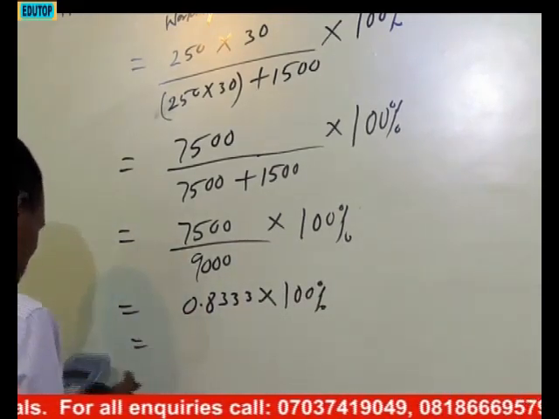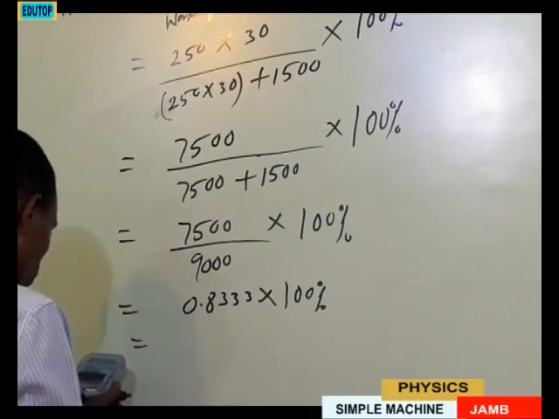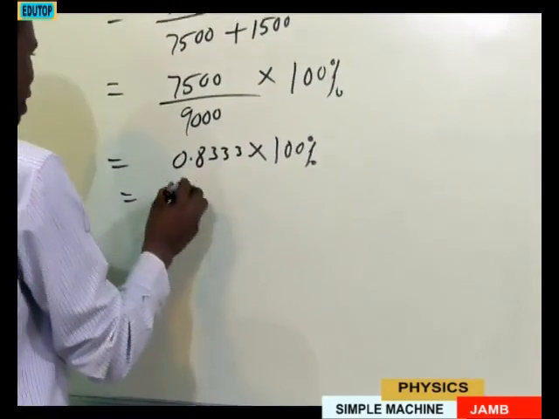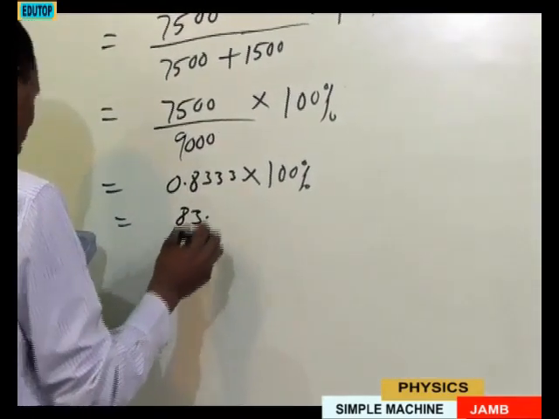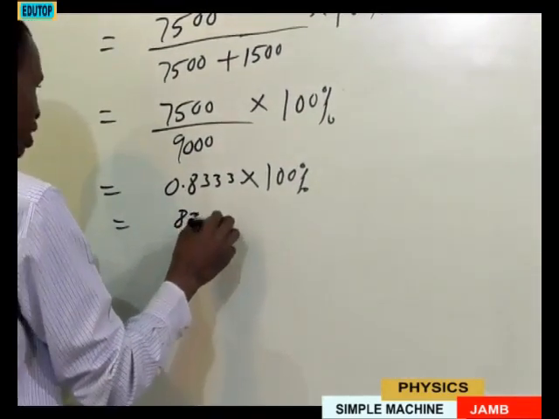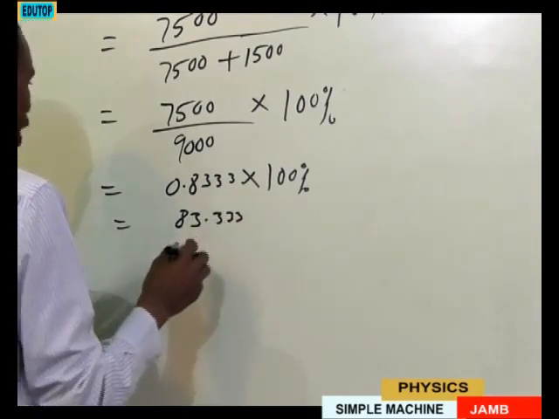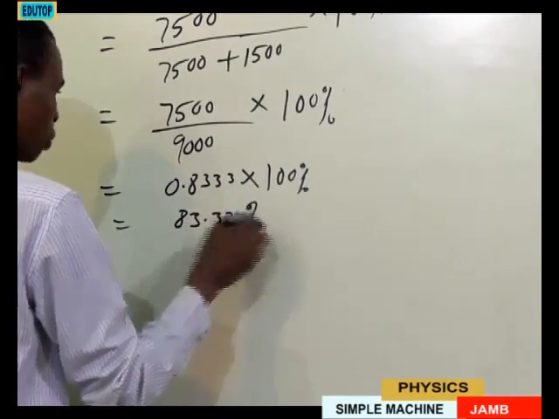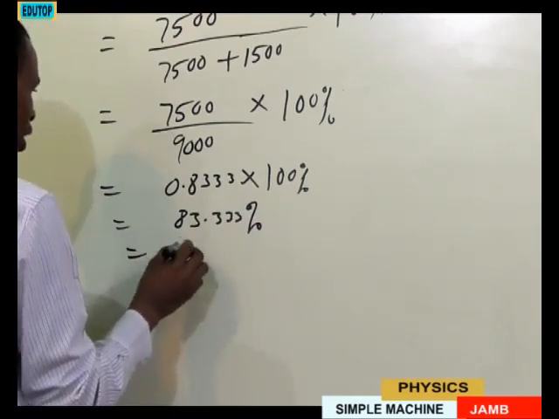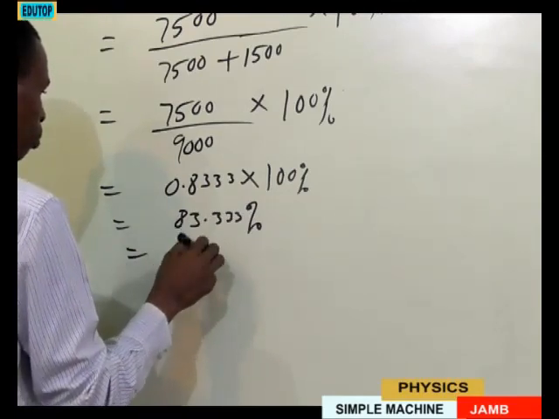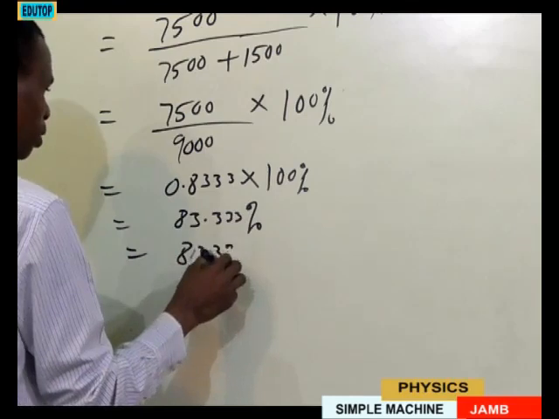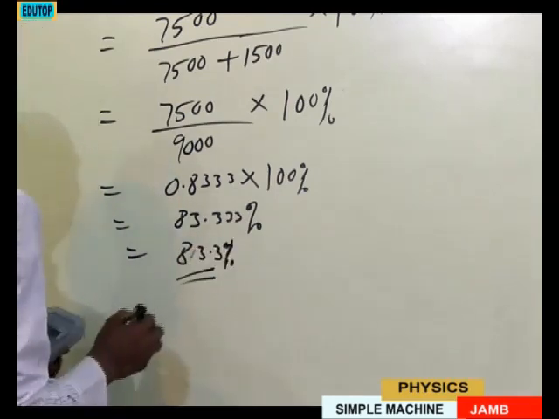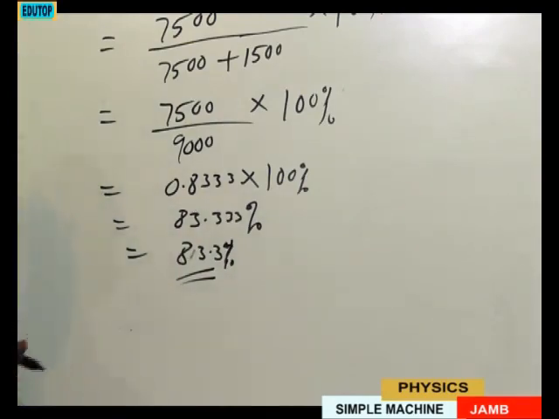If you multiply that by 100, we have 83.33333, and that is the efficiency. In short, approximately we can just say 83.3%. That is the simple solution.